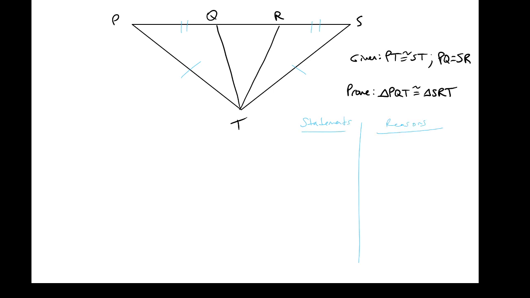Because after our given, which is PT congruent to ST, and PQ congruent to SR, we need to show one more set of things is true, and it's this, right?